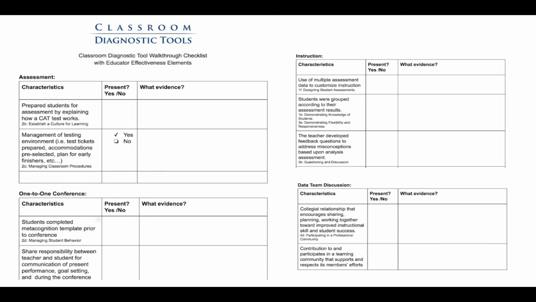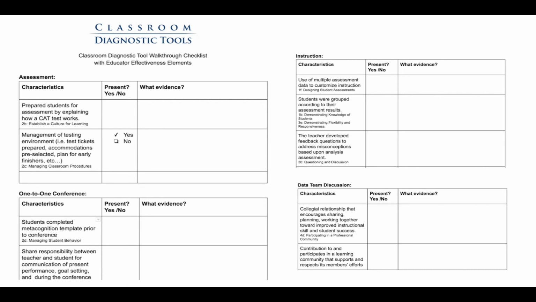The one right below that, management of testing environment. Things like test tickets are prepared. Accommodations have been pre-selected. I've made a plan for early finishers that aligns to element 2C, managing classroom procedures. And you can see there are other examples of the one-to-one conference that ties to element 2D in what I've shared on the screen there.